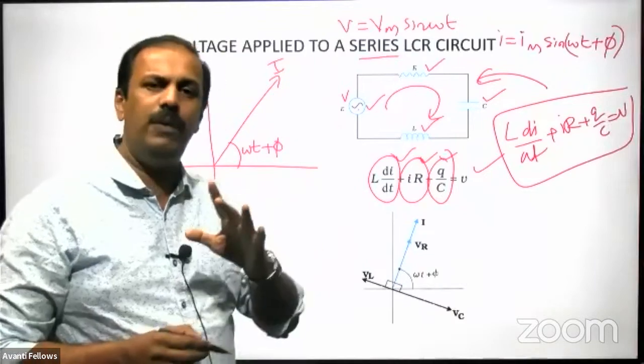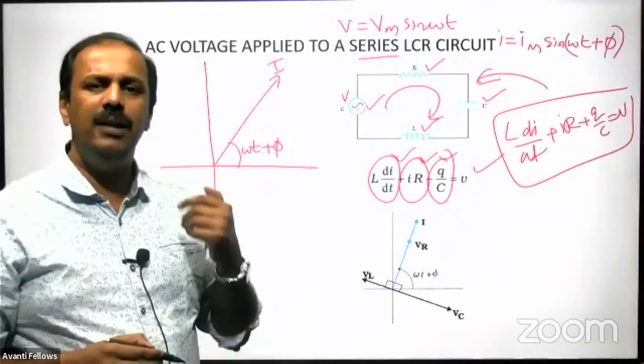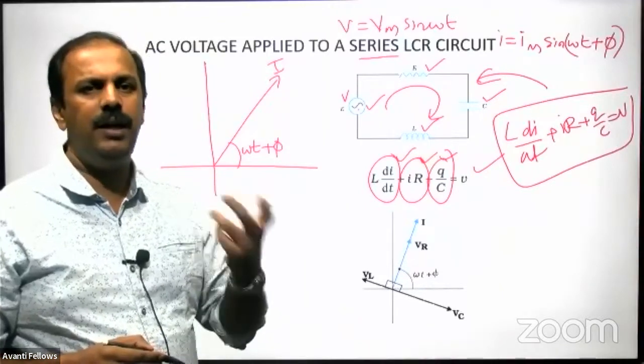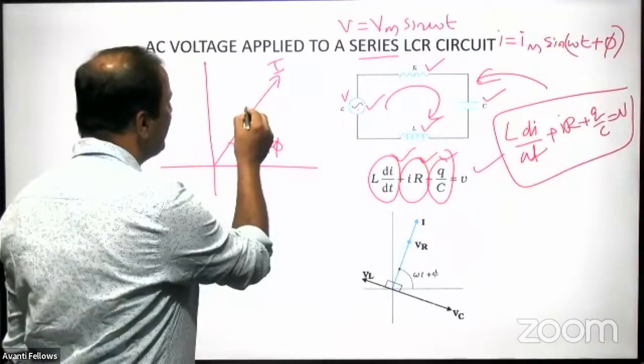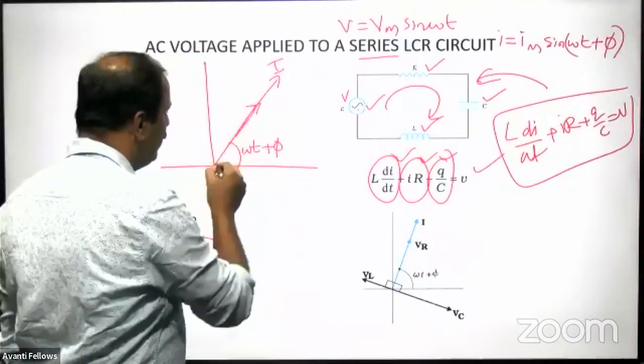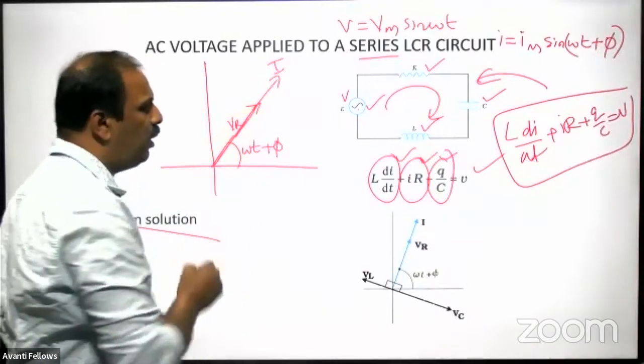the resistor? You know one thing, in the case of a resistor, voltage and current are in phase. Voltage and current are in phase. So the voltage across the resistor will be in the same direction. So this is VR, that is voltage across resistor.